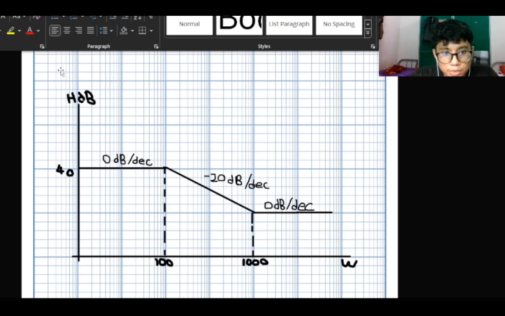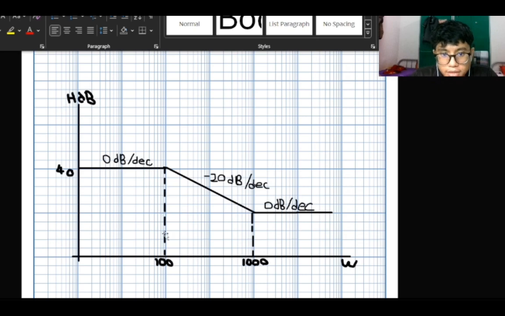So this is the question H. The first thing that we know, the y-axis is in H decibel, and the x-axis is in omega. So from 0 to 100 omega, it remains constant at 40 decibel, which is 0 decibel per decade.